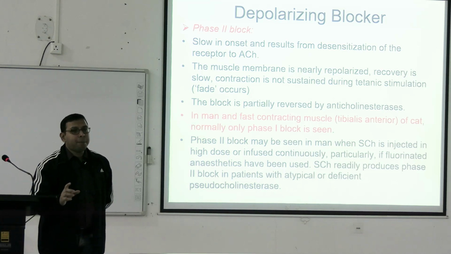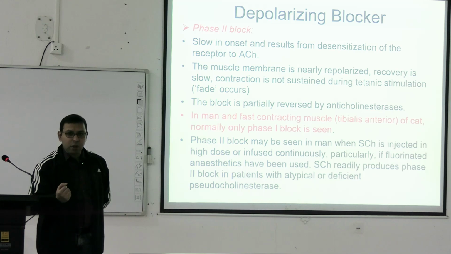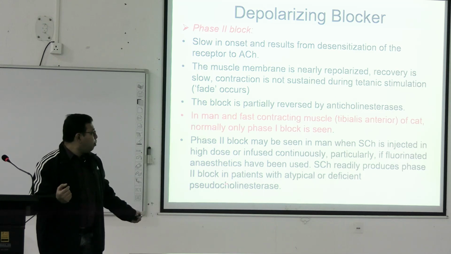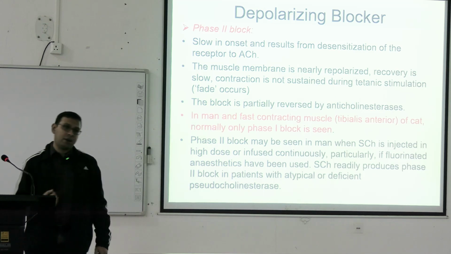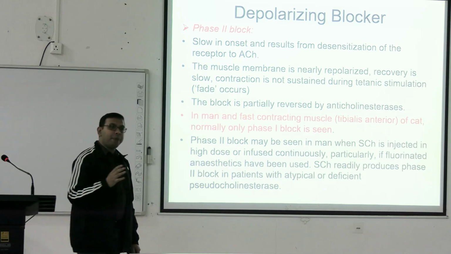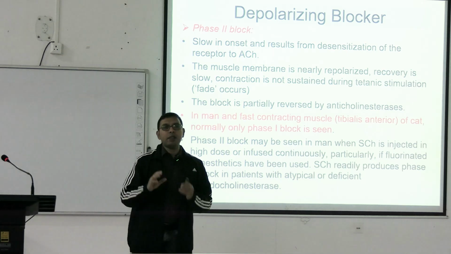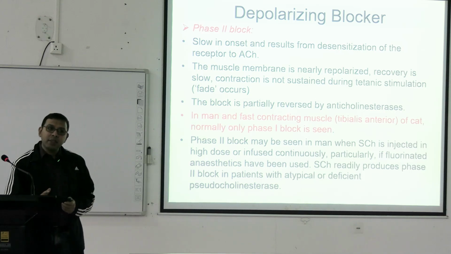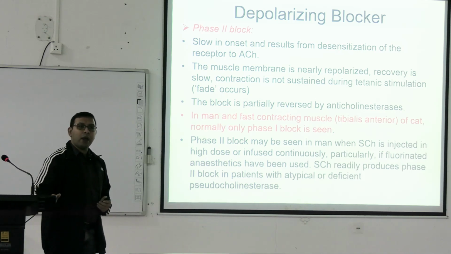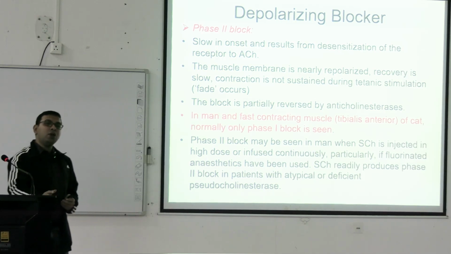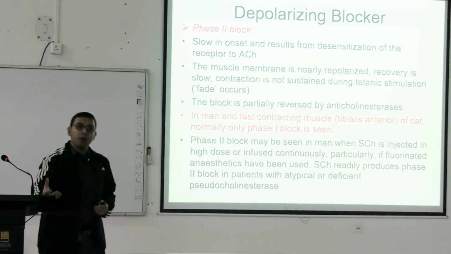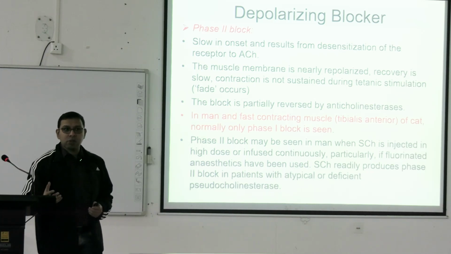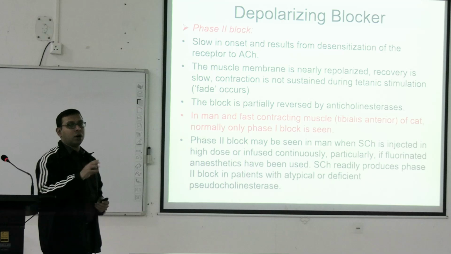So in some individuals this pseudocholinesterase or butyrylcholinesterase is deficient, or some individuals have an atypical pseudocholinesterase present. In those cases, that pseudocholinesterase cannot metabolize the succinylcholine, so there will be more availability of succinylcholine at the neuromuscular junction. So ultimately, phase 2 block happens.